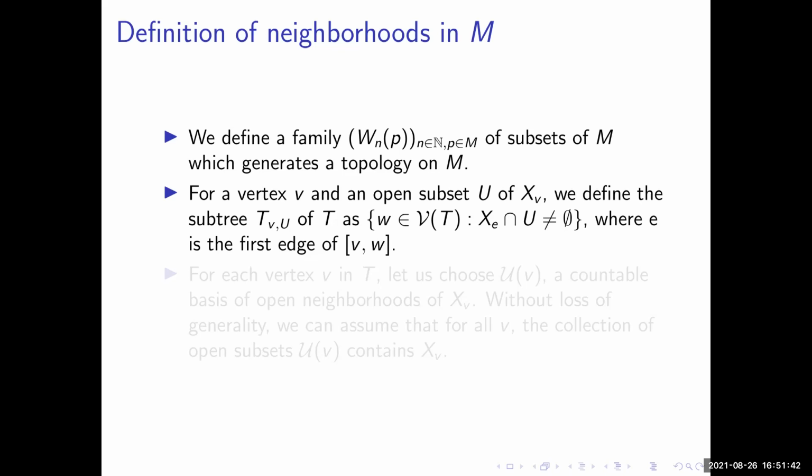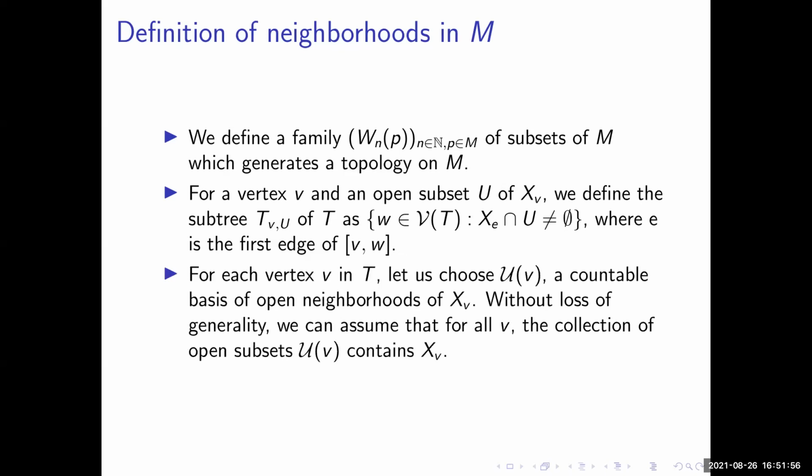If the parabolic point corresponding to that edge is already in this open subset U, then we will include that vertex in this subtree. And we will do the same thing. So for each vertex V in T, let us choose a countable basis of neighborhoods of X_V. And without loss of generality, we can also include the full space in this U_V.